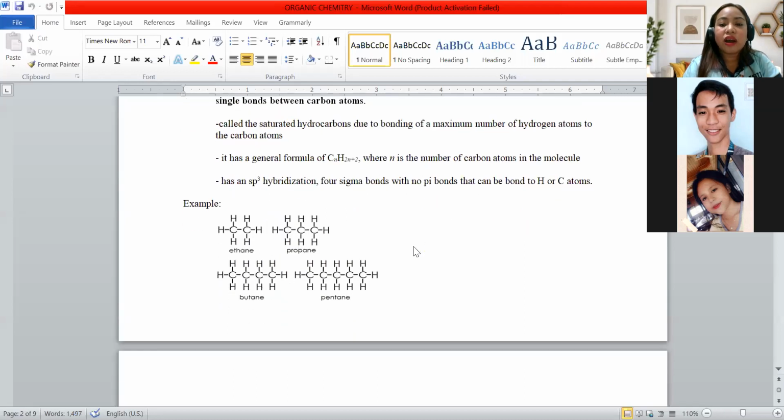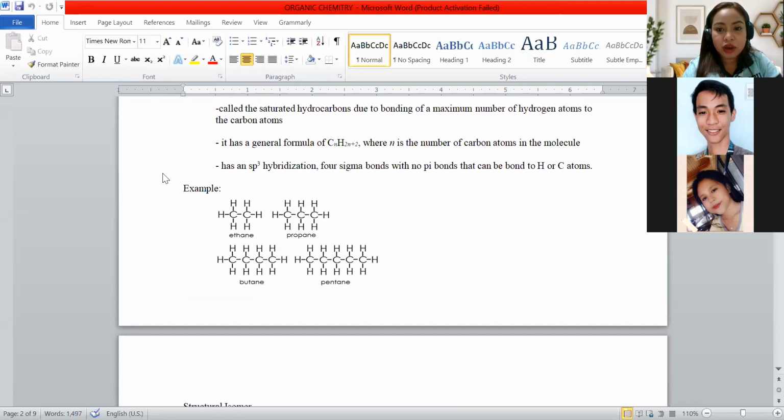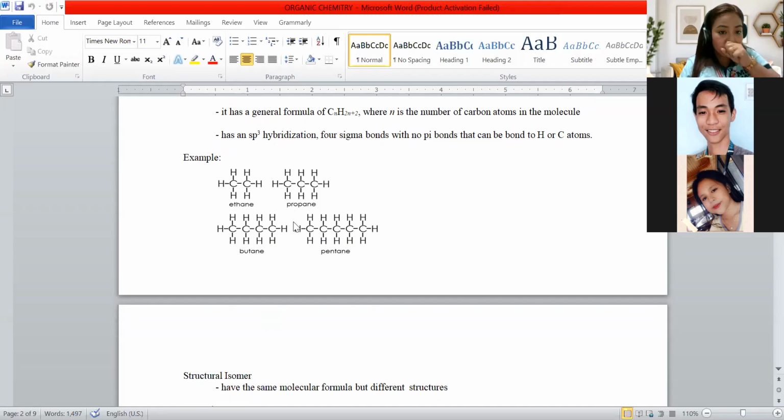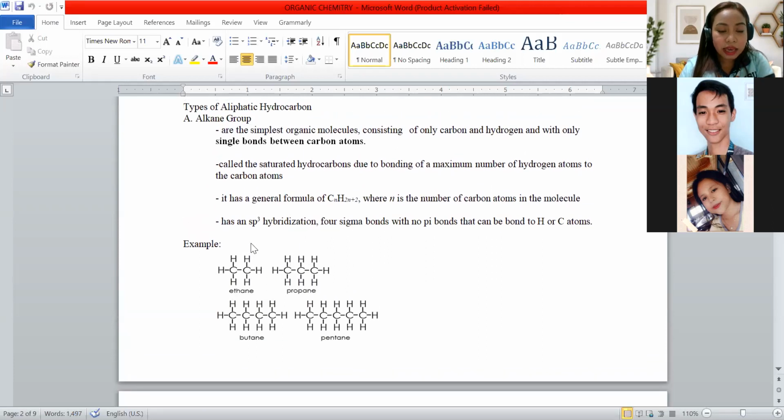Each carbon has four bonds, so it is sp3. If there is no hydrogen, with only carbon to carbon, it could be sp. Generally, it is always sp3; it will not be sp or sp2. These are the examples of the aliphatic alkane group.